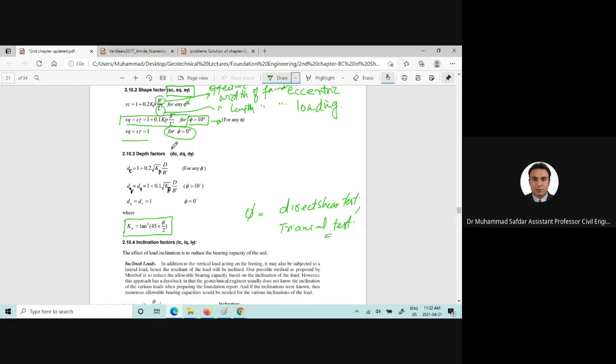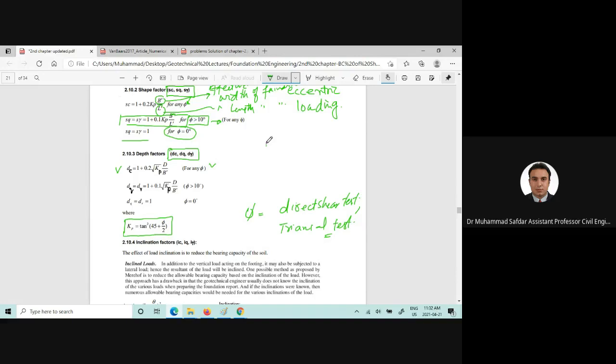The depth factors, Meyerhof also proposed these depth factors, and these are the depth factors for any phi. You can find out dc as 1 plus 0.2 under root Kp D by B prime.